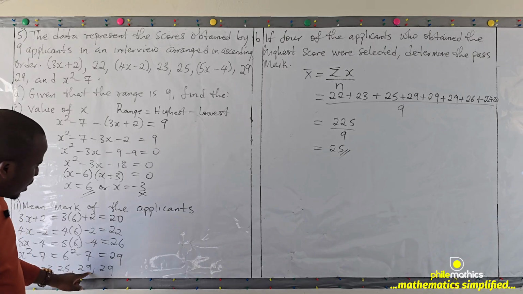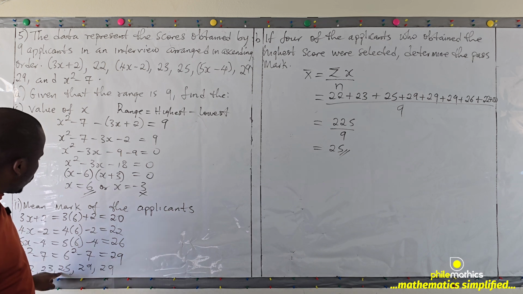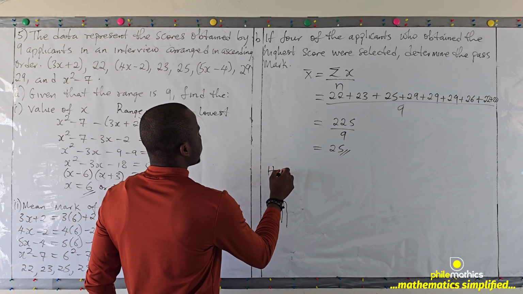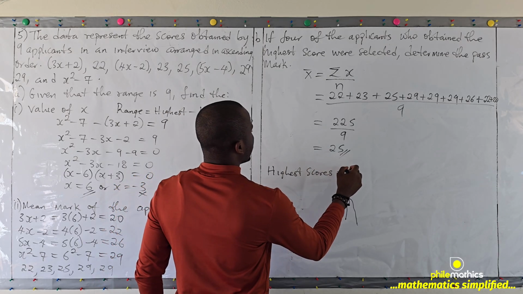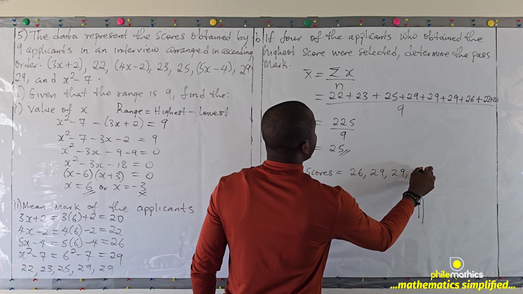If you notice, 29 appears 3 times, and the next bigger number close to 29 is 26, followed by 25. And so our highest scores are 26, 29, 29, 29.